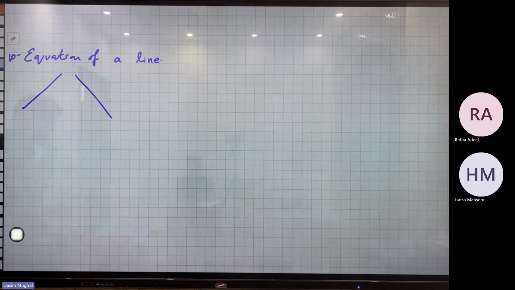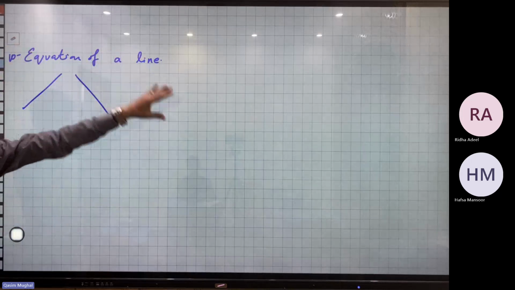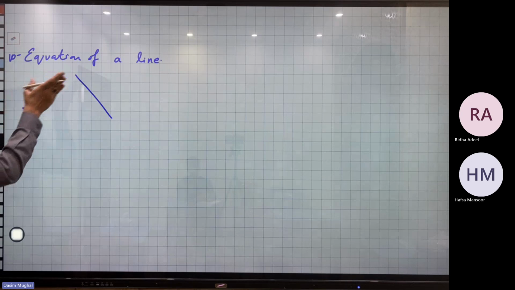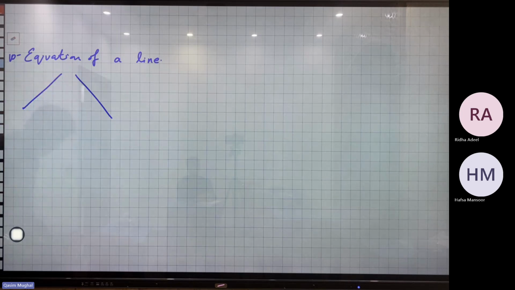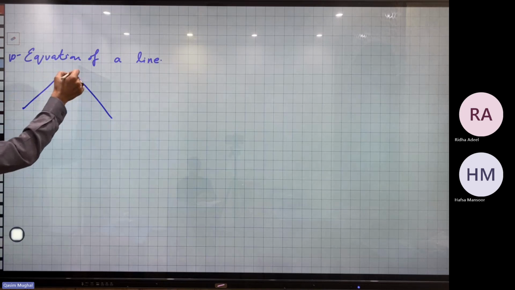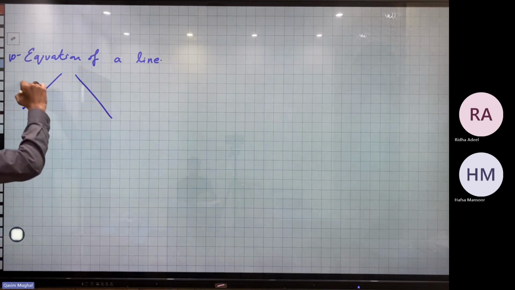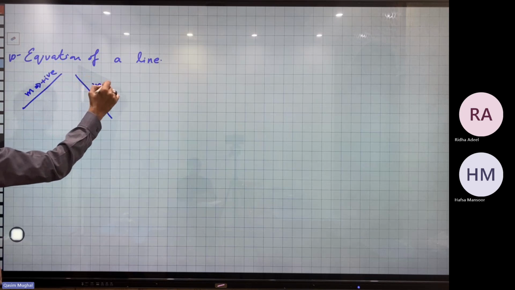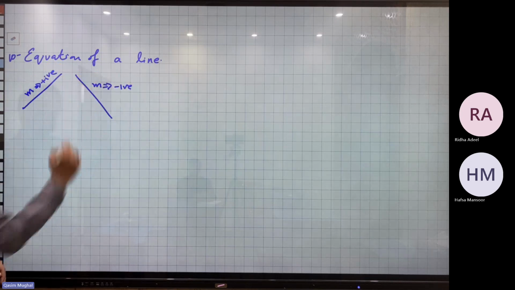We always look at the line from left to right, the way we write normal English, from left to right. So whenever we want to look at the line, we will be looking at it from left to right in order to check its behavior in terms of gradient. From left to right, this one is increasing, and this one from left to right is decreasing. So the gradient is going to be always positive for this one. For this one, the gradient is always going to be negative.